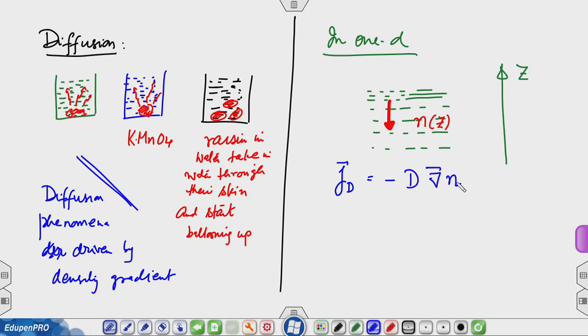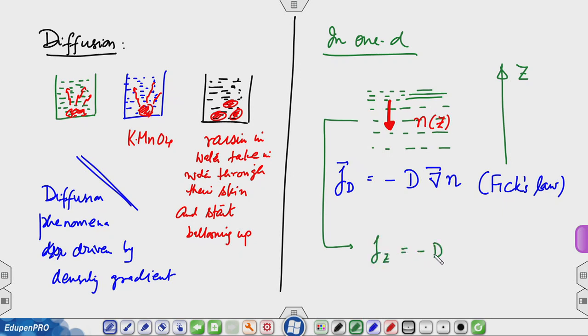This is known as Fick's law. And in the 1D case that we are considering here, you will have Jz equals minus D dn/dz. And if you maintain this gradient, the flow is going to be steady.